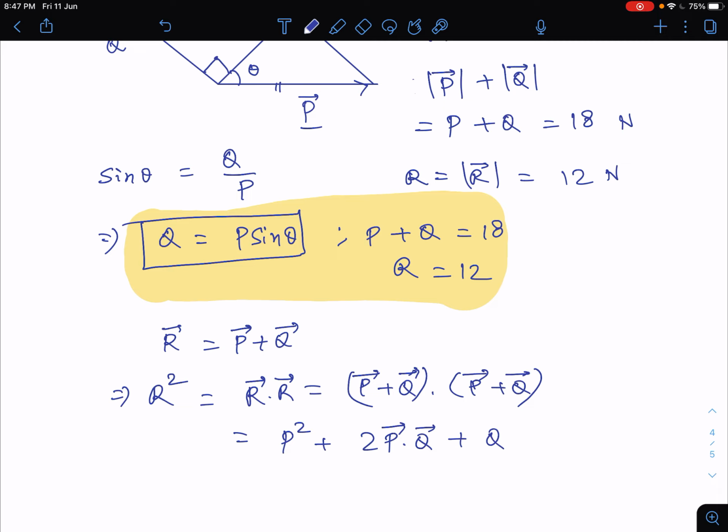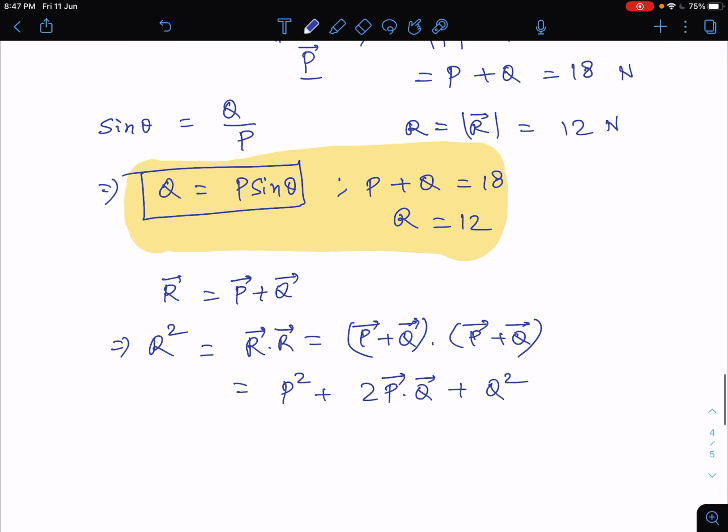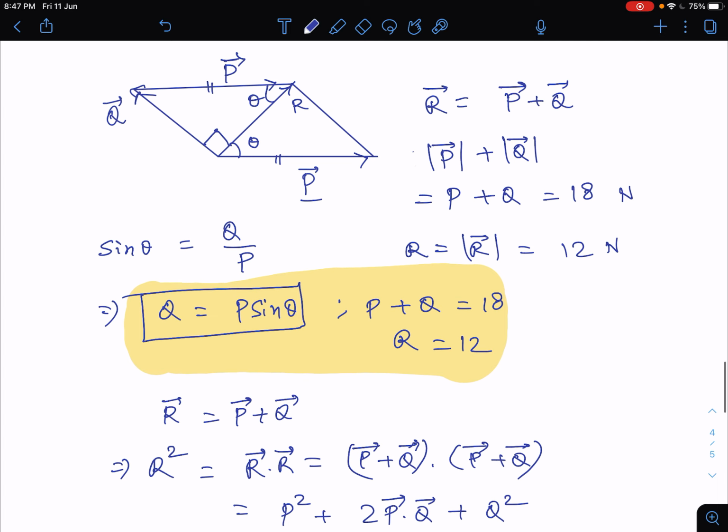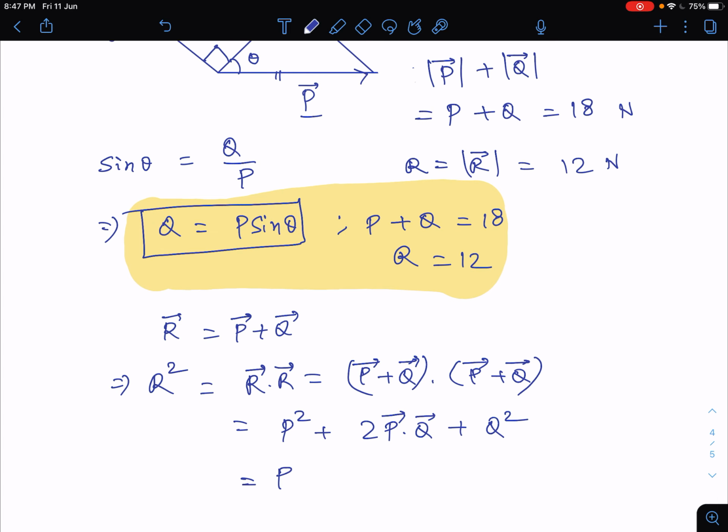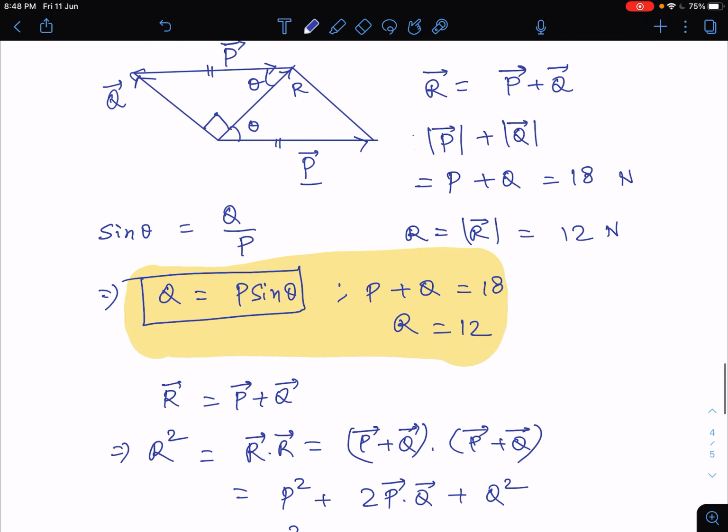The fourth term gives Q square. Now what is P dot Q? P dot Q is nothing but mod of P, mod of Q, and cos of the angle between P and Q.